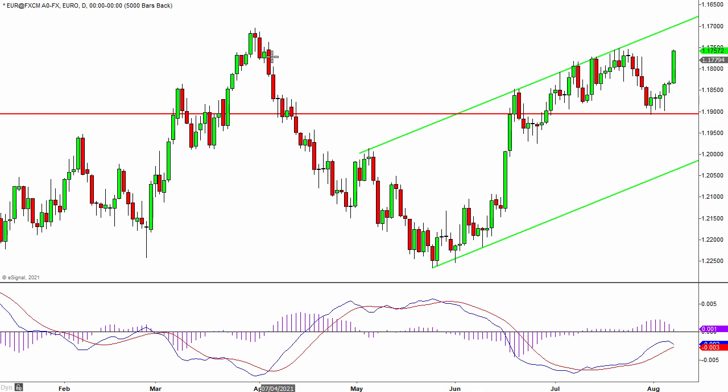Yes, that's because the heaviest weighted currency in the dollar index is the euro, and that's why an upside down euro dollar is basically, pretty much the dollar index.